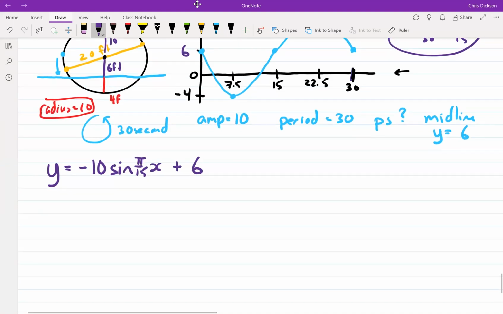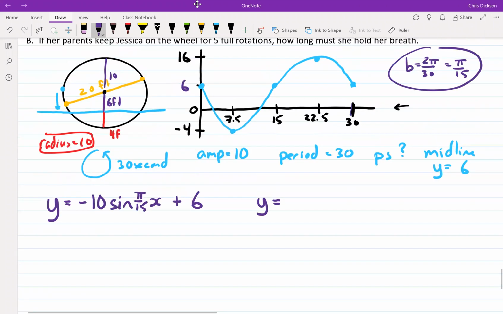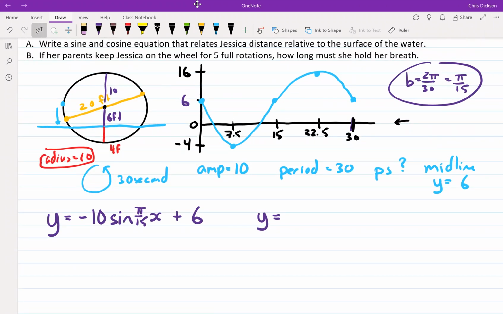And what next? Okay, we're at a cosine equation. So y is equal to, well, if it's cosine, it has to start up high or down low. So I could use that as my start point, or I could use that as my start point. If I use the first one at 7.5, that's a negative cos. So negative 10 cosine pi over 15 x.